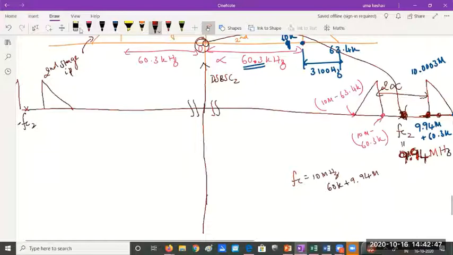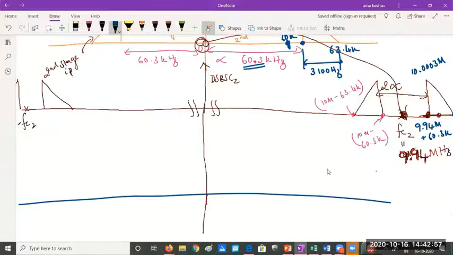Can you tell? Yes, you are right, Lakshmikant. This should be how much? 60.3 plus 60.3.